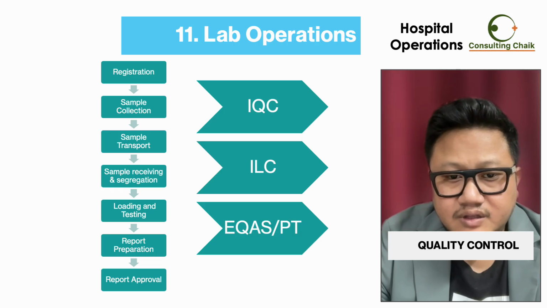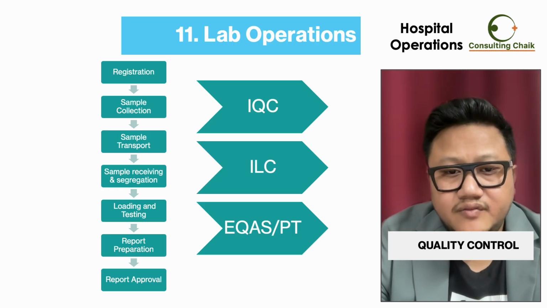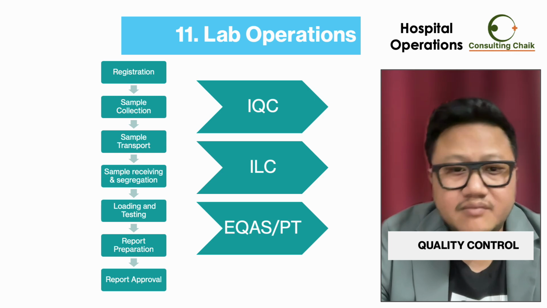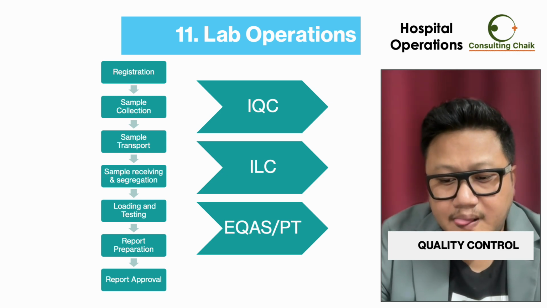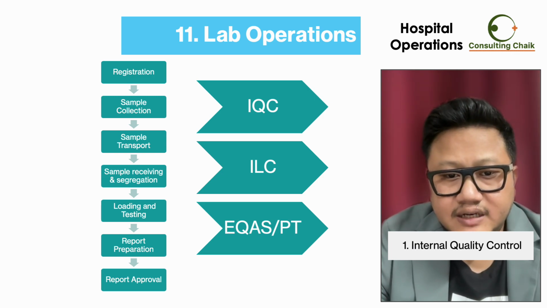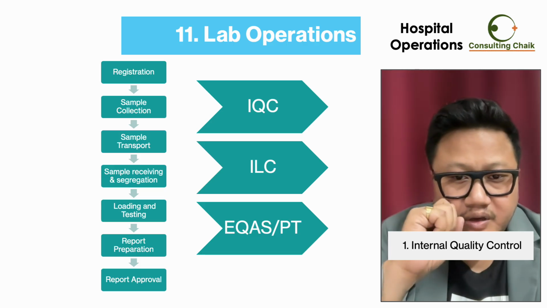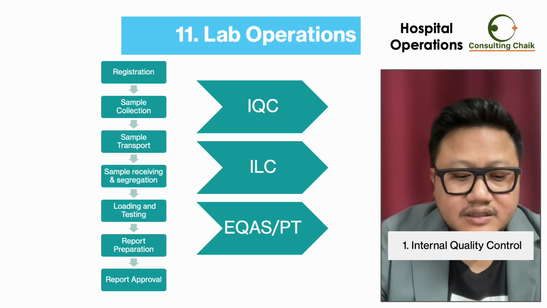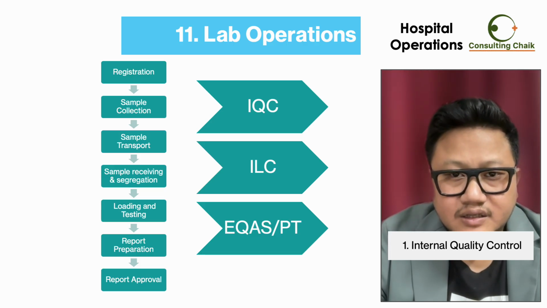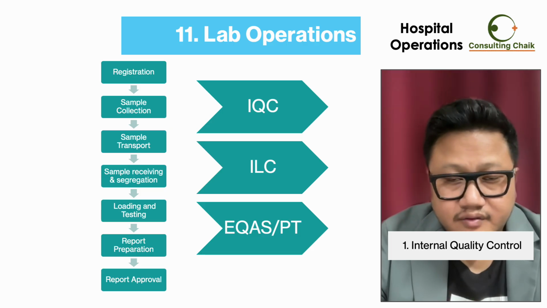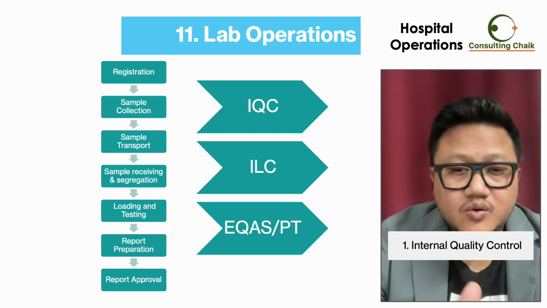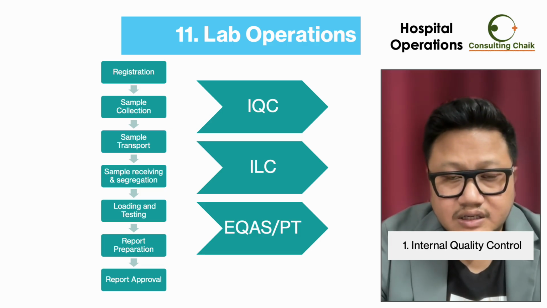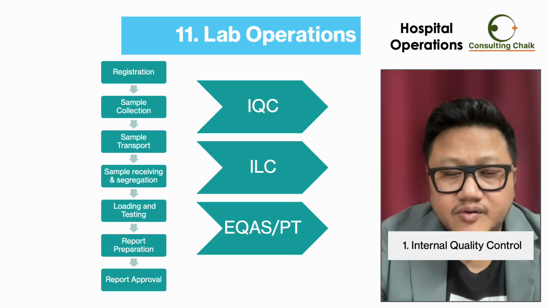I'll just cover the quality control aspect of this. So there are basically three main types of quality control. One is internal quality control, where the lab runs controls at various levels. You can have 2 levels for biochemistry, 3 levels for immunoassay or for HEMAT.